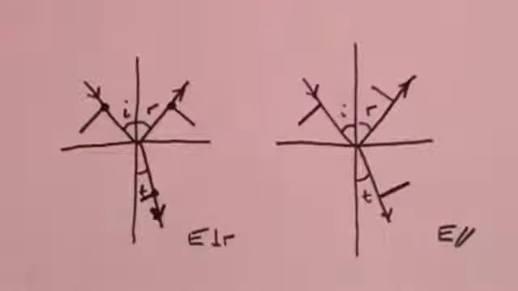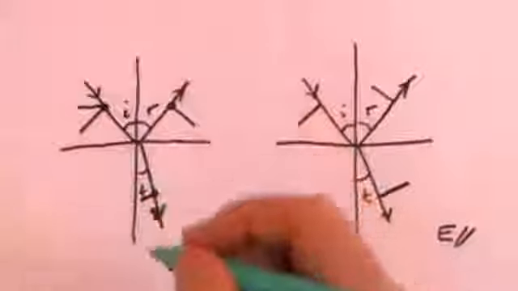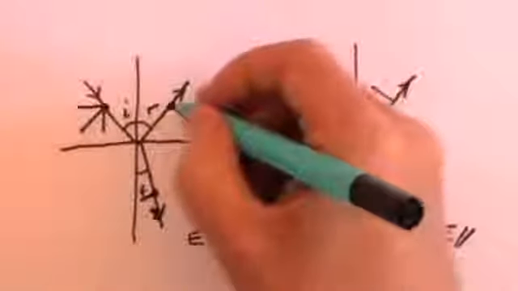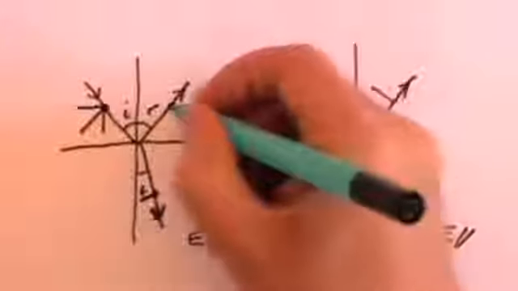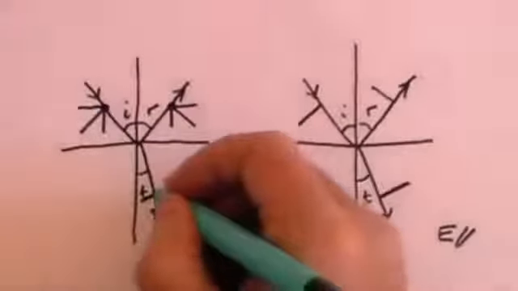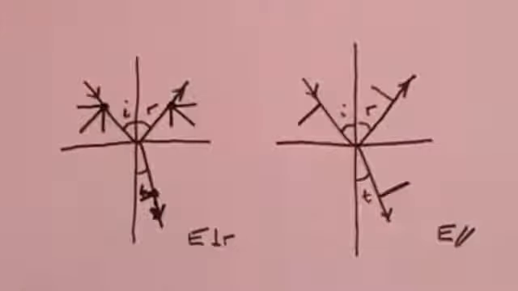And in each case, we can resolve that B field into its vertical and horizontal components. There is the horizontal component, there's the vertical. Over here we've got a horizontal component and a vertical. And here, although it won't be very clear, we've got a horizontal component and a vertical component.